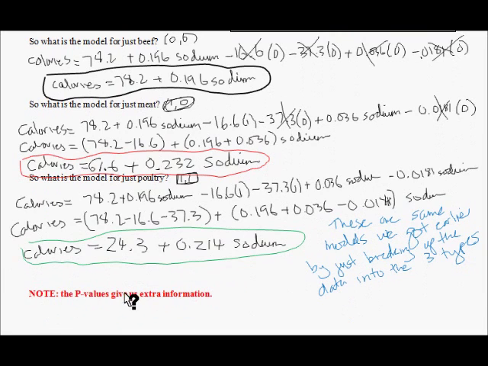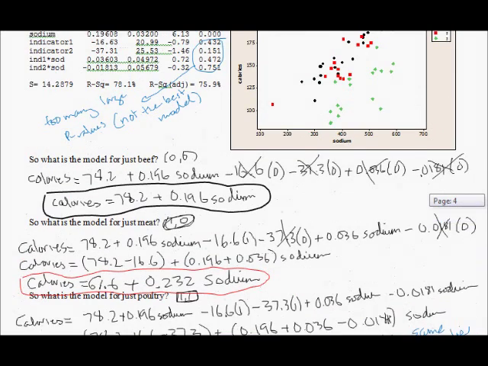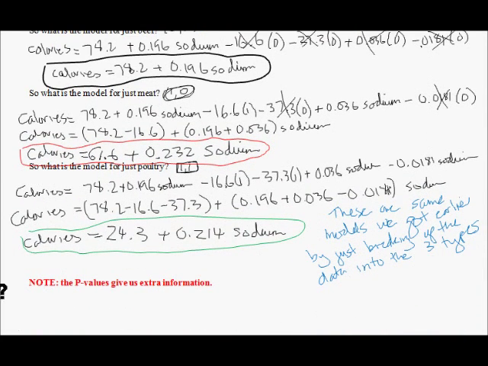Because here the p-values give us extra information, right? If we look back at the p-values, we said that we had a problem with the p-values, right? Because they're big. But here we know the model is overfitted.